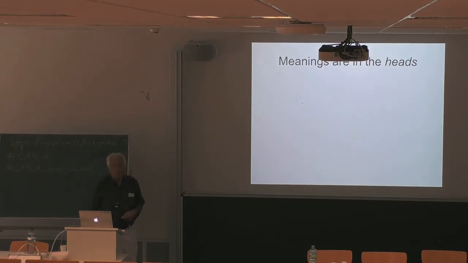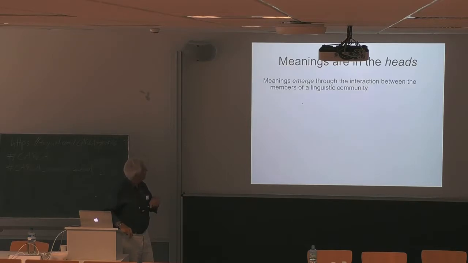So, to sum up, I've given you a model of how we can share meanings based on this kind of communication, where we are rewarded for having the same meaning of a word, a concept.